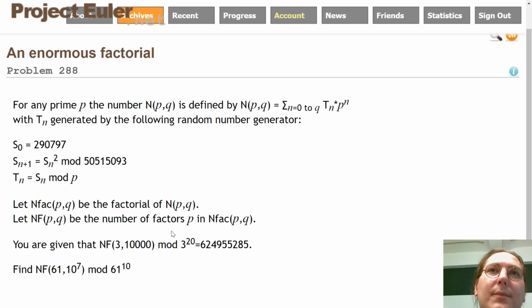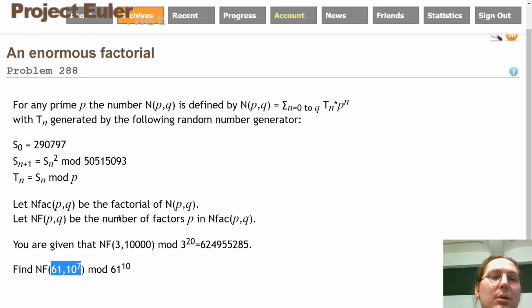Maybe if we write the example. This is interesting. When we do the factorial here, we don't actually do the factorial. We only need to know how often the 3 occurs in it, or the 61 in this case.